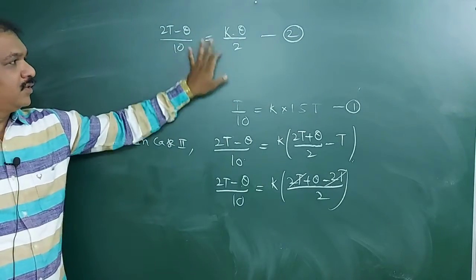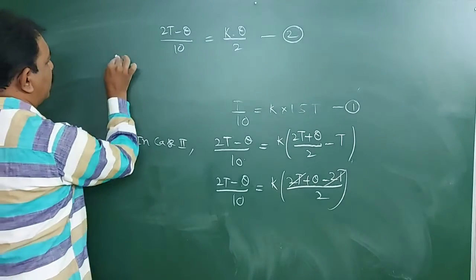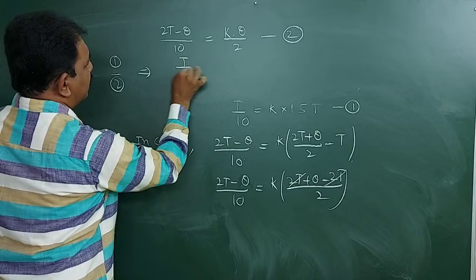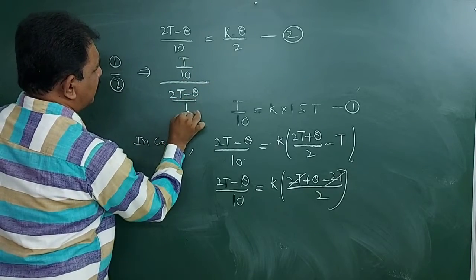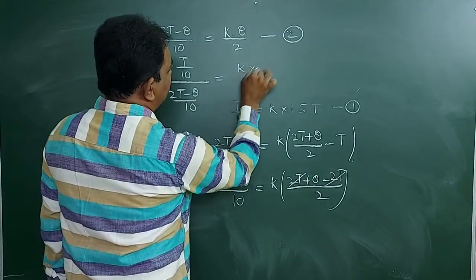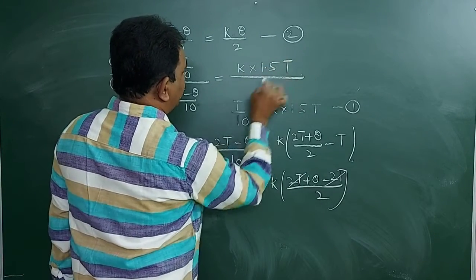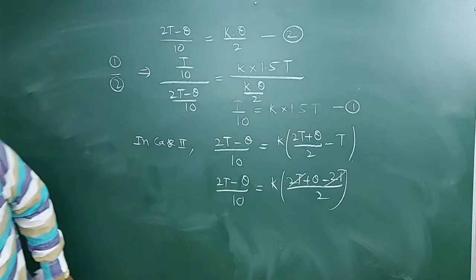You divide these two, you can find the value of theta. T by 10 upon (2T minus theta) by 10 is equal to K into 1.5T by K into theta by 2.